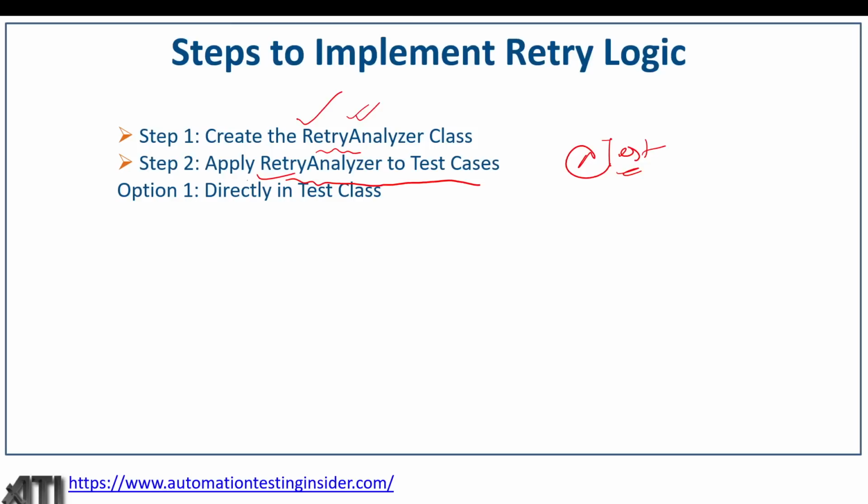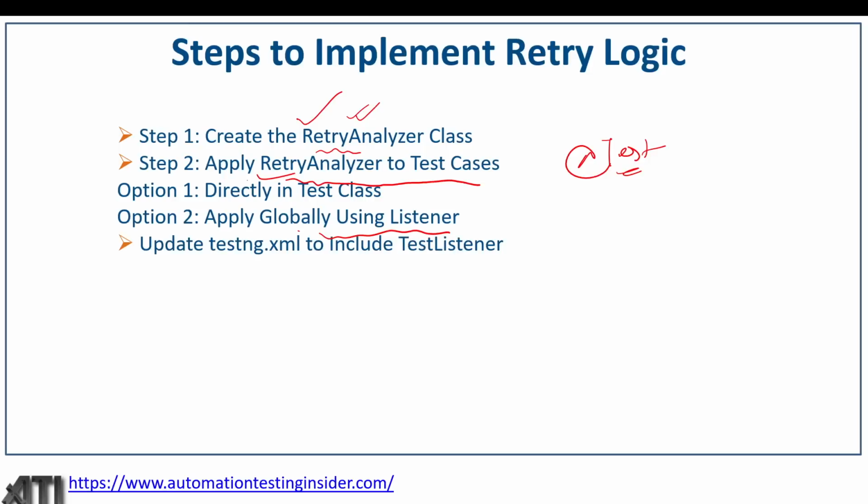Second option would be to apply it globally using a listener. When we apply it through a listener, it is applicable to all the test classes and test methods. And for sure, we need to update testng.xml to include that listener, which we have already done when we implemented the test listener. I'll show you that.